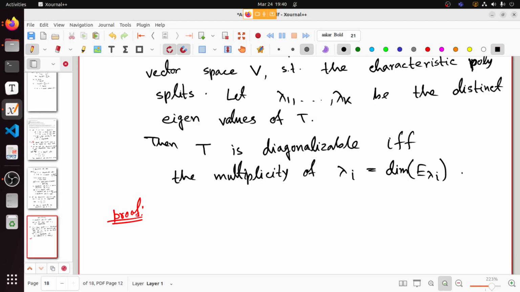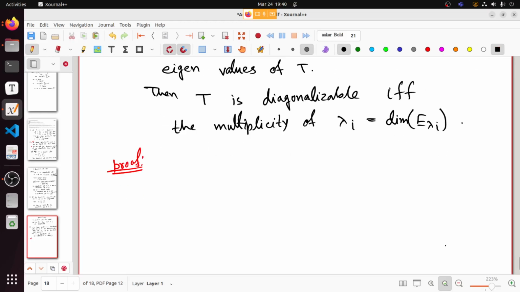So first we prove the forward direction. Let's assume T is diagonalizable. So there exists a basis in which T can be written as a diagonal matrix.